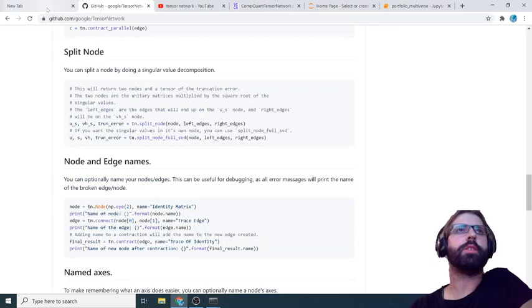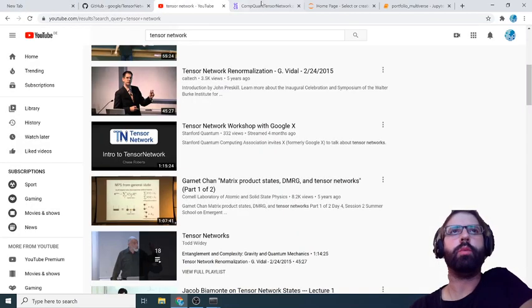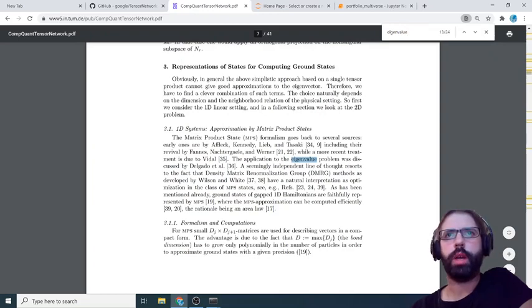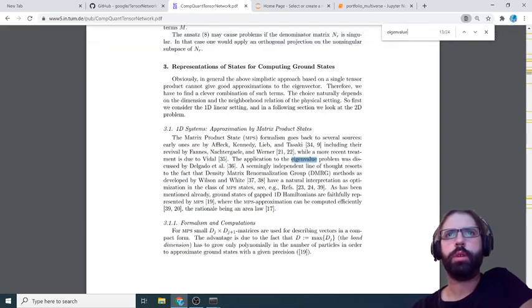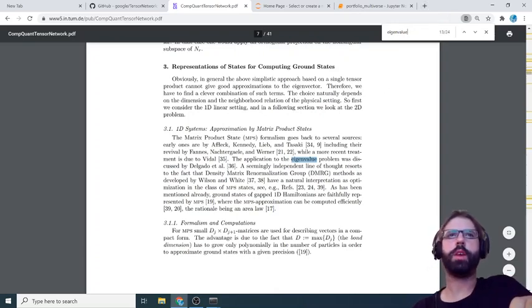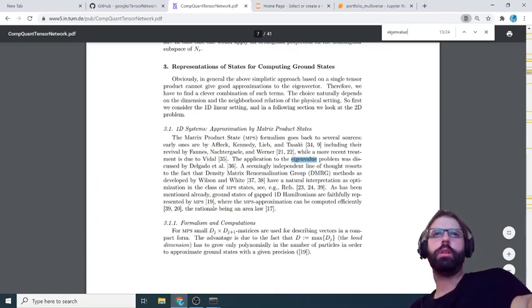Okay, I installed that, but I need to find how to solve the application drag value problem that was discussed by Delgado et al.